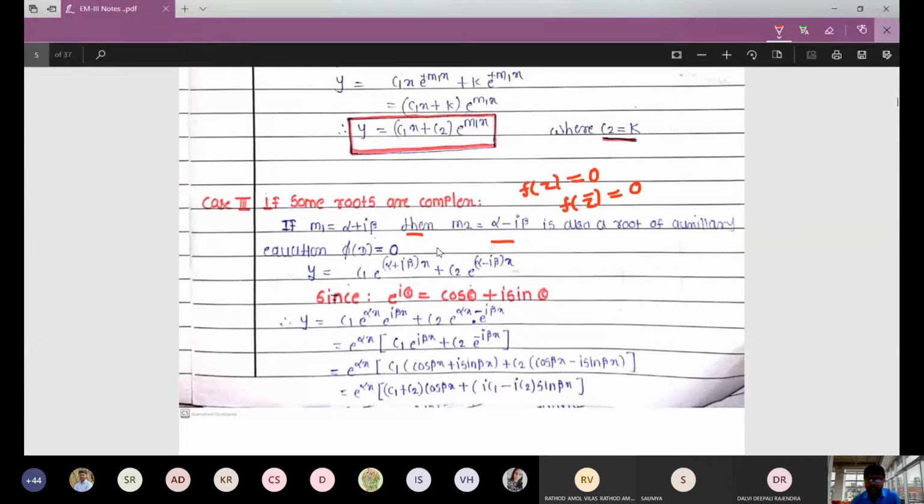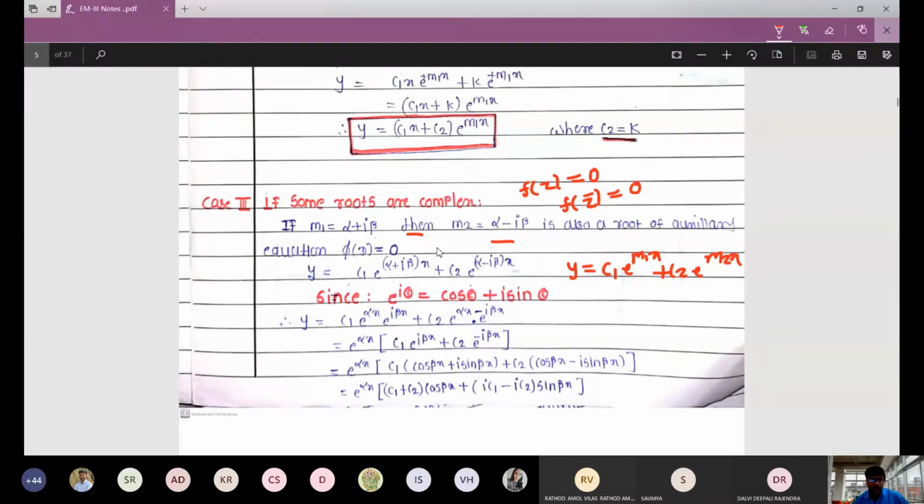According to case number 1, if we get two roots, then we write the solution this way: y is equal to c1 e to the power m1x plus c2 e to the power m2x. Now here we have two roots, alpha plus i beta and the second root alpha minus i beta.